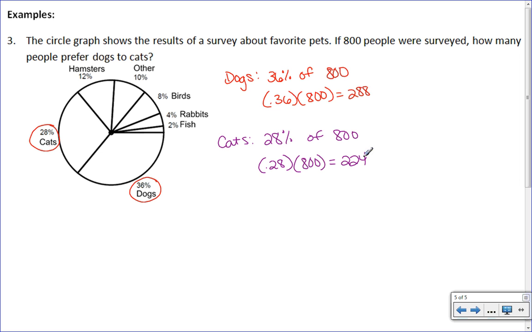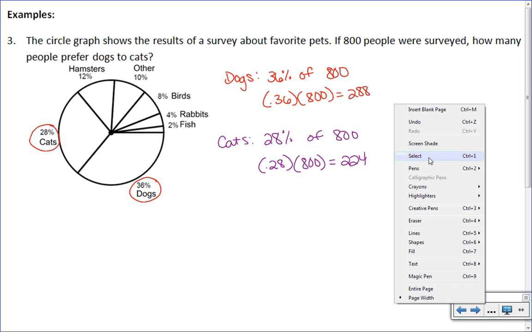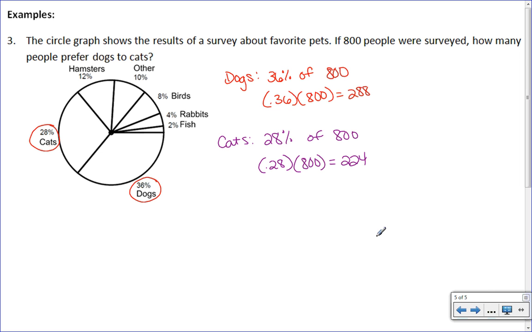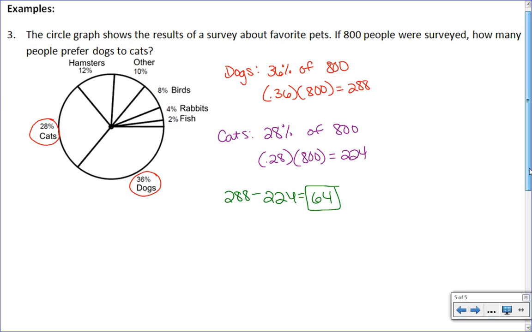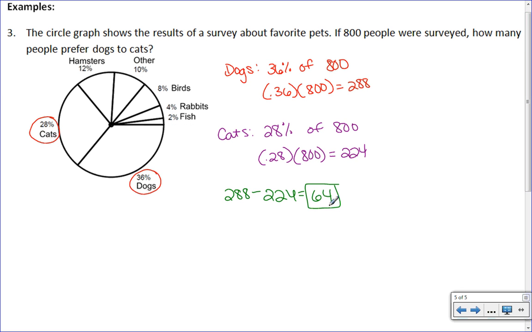So this is just asking about the difference between those two numbers. So we take 288 minus 224, we get 64. So this is 64 people that prefer dogs to cats.